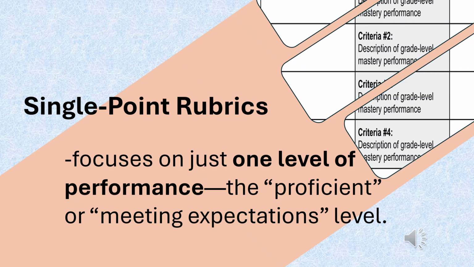For example, in a science project presentation, the criterion might be: the student explains the project clearly, using scientific terms correctly and logically. If the student did better than this, the teacher writes notes on the strength, and if the student fell short, the teacher writes comments on what to improve.